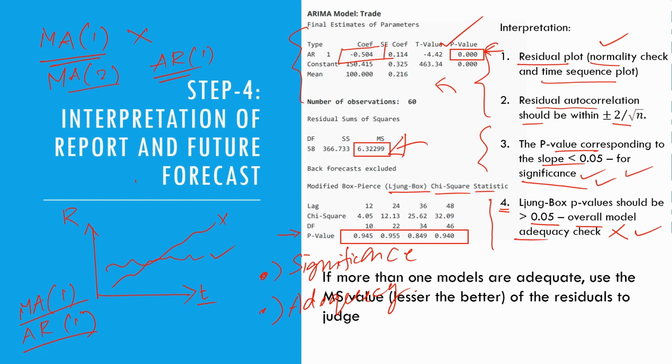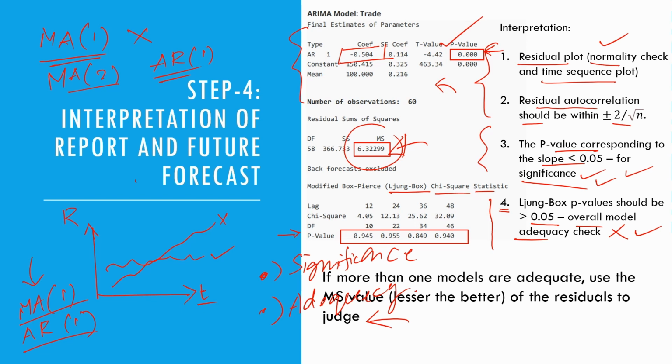Then we will take the one for which the MS value is minimum. That is one method of breaking the tie. So in this way we check the significance and adequacy of the model. This completes the discussion of step 1, step 2, step 3 and step 4.